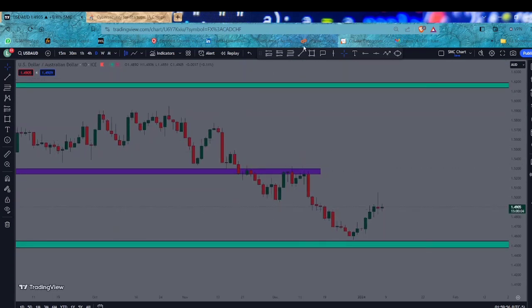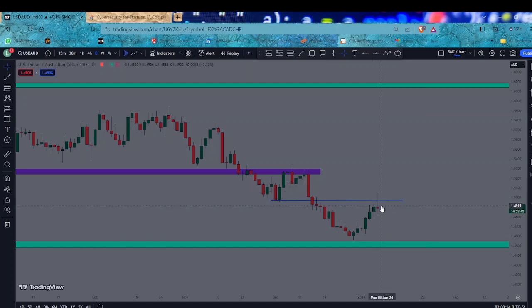First of all, you have to observe that there is a resistance zone here, right? So what that means is that when this market gets here, it's going to react to this zone, and as you can see, it has reacted here because we see a very long wick right here.